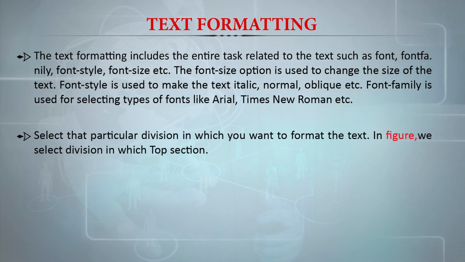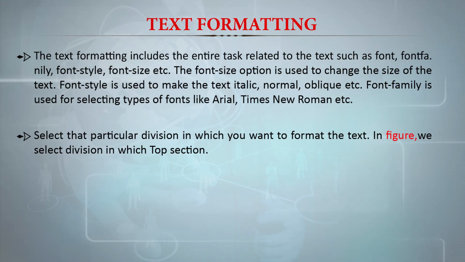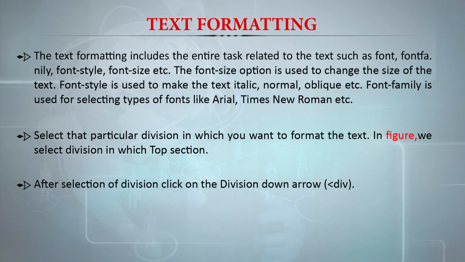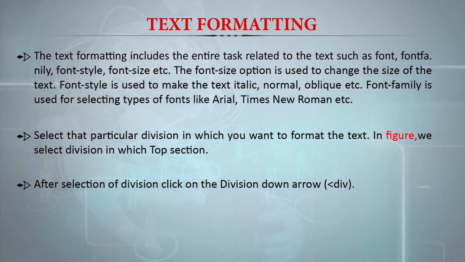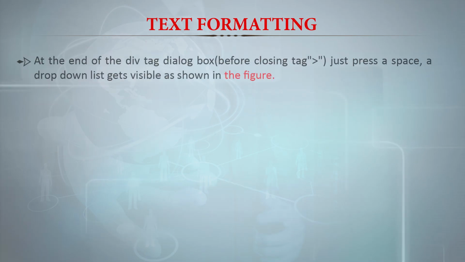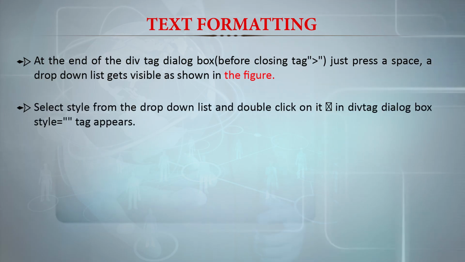Select the particular division in which you want to format the text, and in the figure we can select the division in which the top section resides. After selection of the division, we can click on the division down arrow. Click on the edit tag option again, the edit tag dialog box gets invoked, and at the end of the div tag in the dialog box just press a space, a drop down list becomes visible, and then select style from the drop down list and double click on it in the div tag dialog box, where the style equal to double quotes without space in between tag appears.